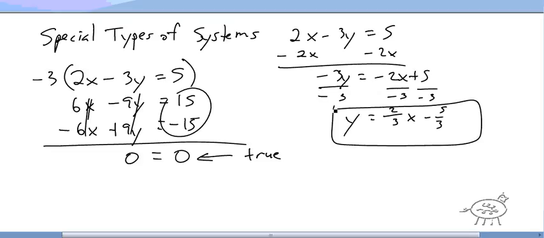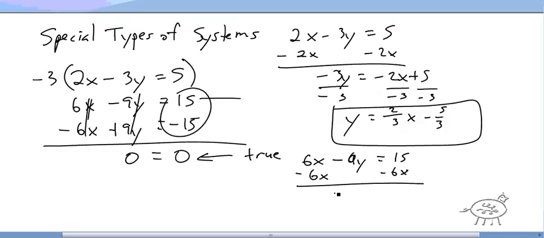Okay, so that's one equation. And if I do the second equation, 6x minus 9y is equal to 15, and I do the same thing. Subtract 6x, so negative 9y is equal to negative 6x plus 15.